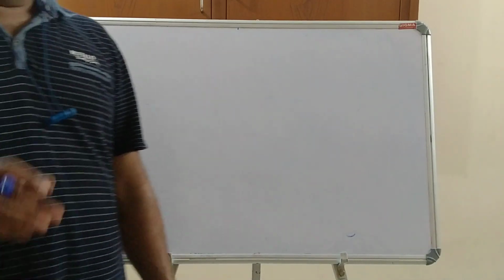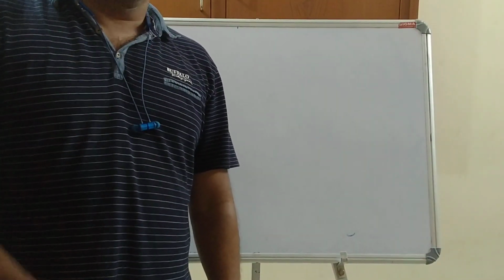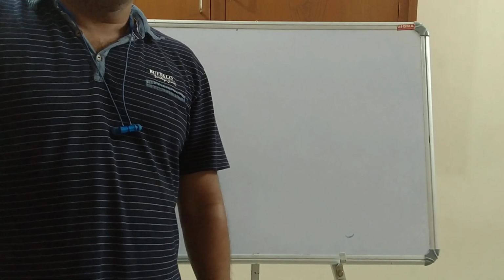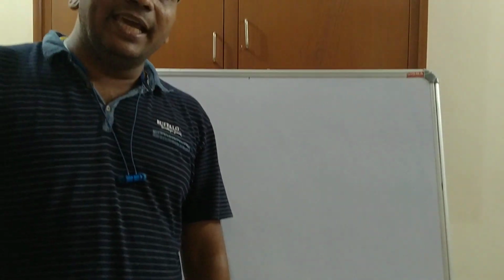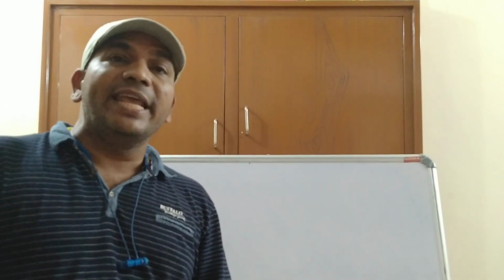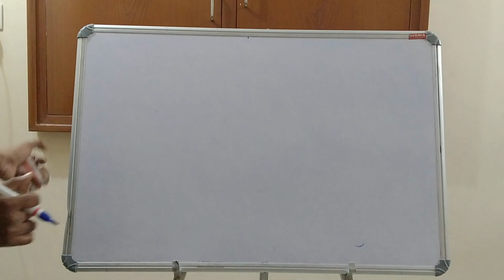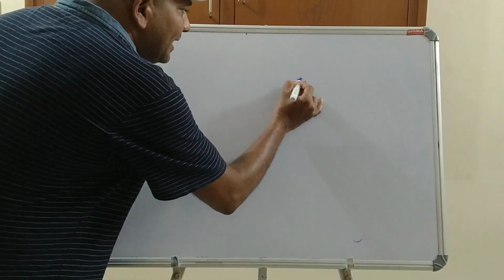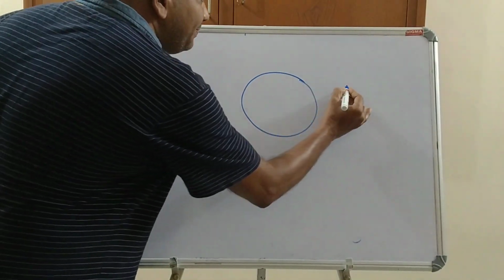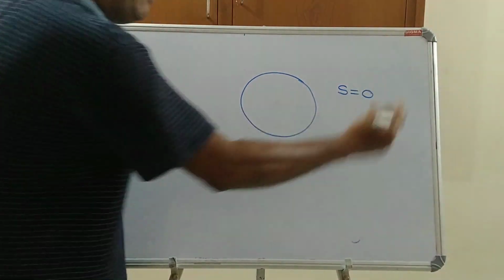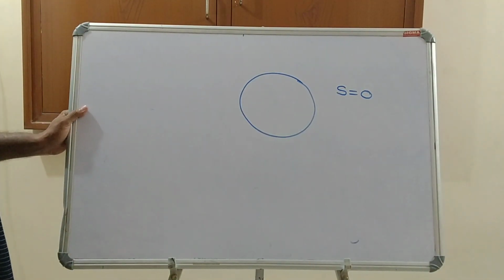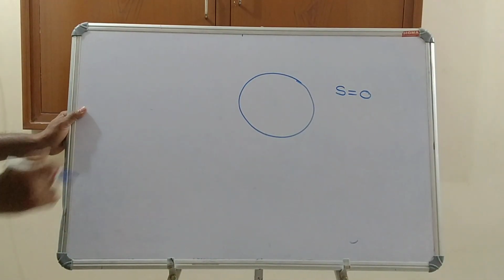Now, the equation of the polar of x1, y1 with respect to the circle S equal to 0 is S1 equal to 0. Let us take the circle S equal to 0 and the point P x1, y1 outside the circle.